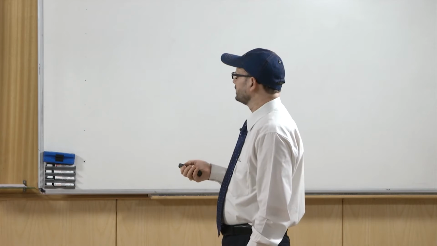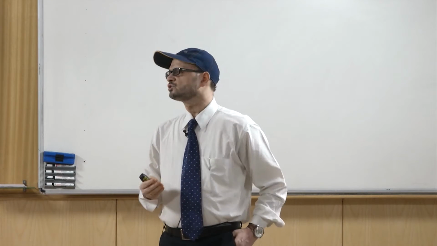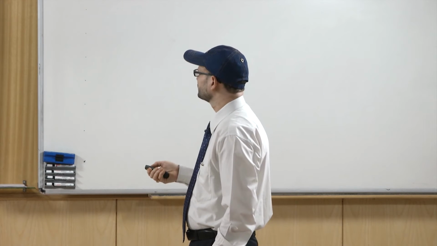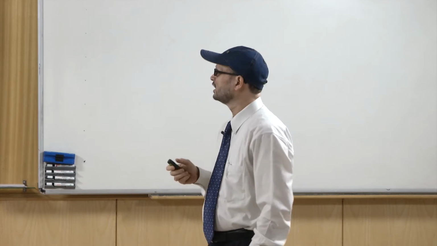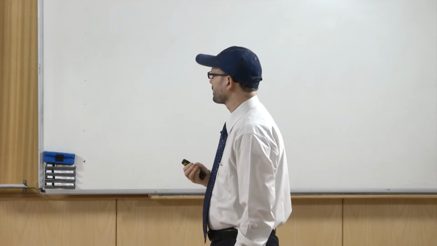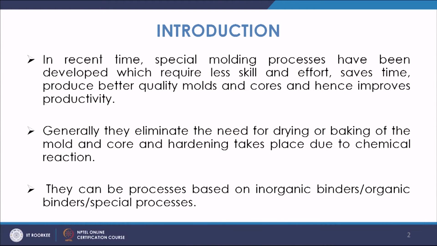So more skillful labor is required for removal of the pattern from the mold or for baking it. You need methods where with less skill you get a better process, which saves time and gives better quality of molds and cores. This way the productivity will be improved.